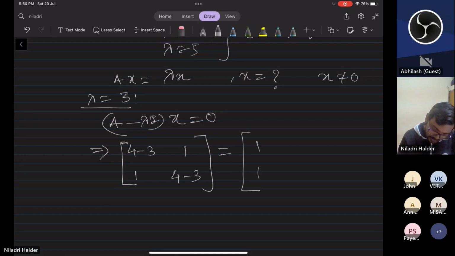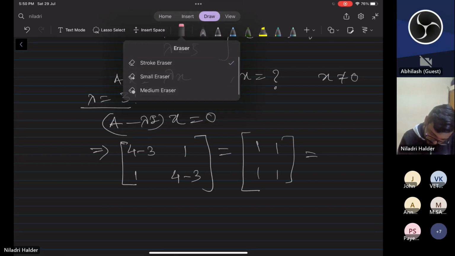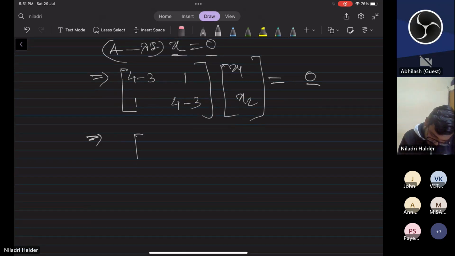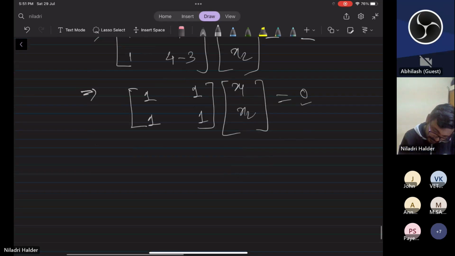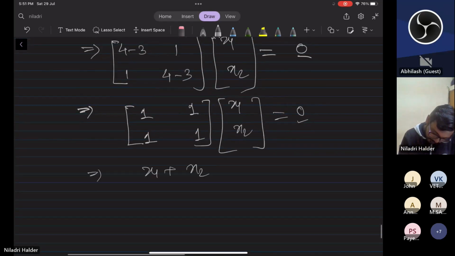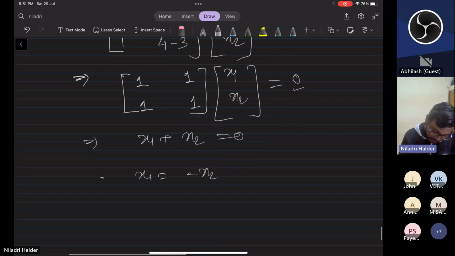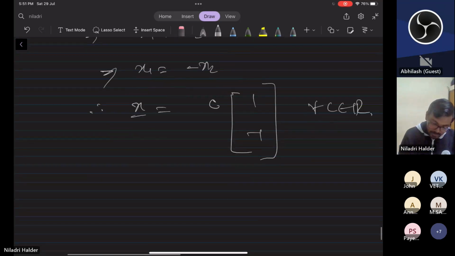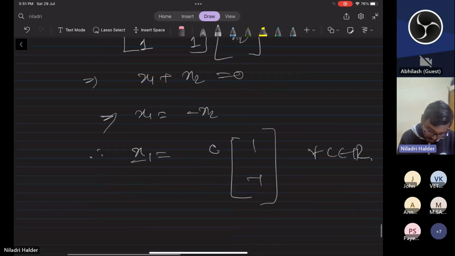So x1 equals minus x2. So we can write x as some scalar c times 1, minus 1. So this is one eigenvector.